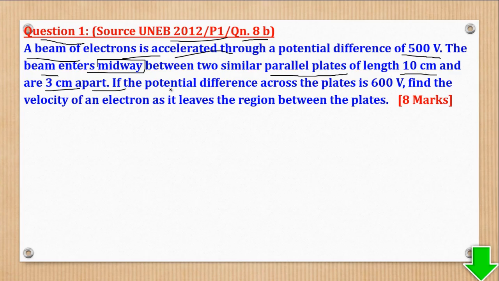If the potential difference across the plates is 600 volt, find the velocity of the electron as it leaves the region between the plates. That was the first derivation we got, the velocity after leaving the plates, or as it emerges out of the plates.